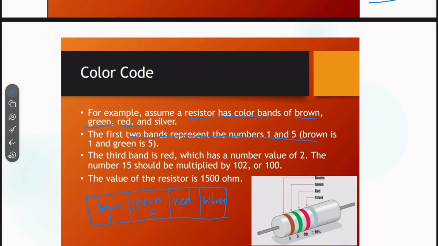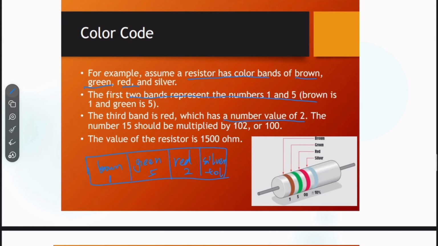The third band is red, and the number for red is 2. Silver is the tolerance band. So the multiplier is 10 to the 2. After that, we apply the tolerance, which is silver. Silver is 10%.